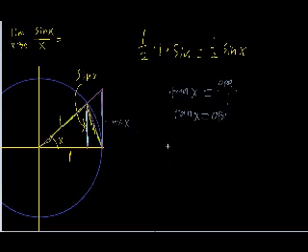Now, to find the area of this whole triangle, I'll outline it in red. This whole triangle up here and coming down, it's just the same procedure. 1/2 times the base, which is 1, times the height, which is tangent of x, which equals 1/2 tangent of x. Correct?